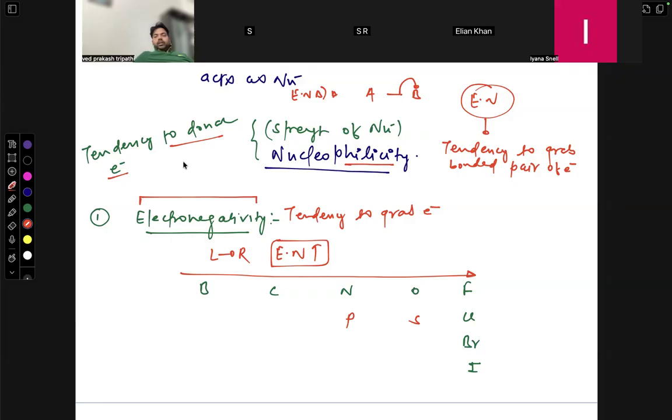They don't want to donate. Make sense? So if electronegativity increases, nucleophilicity decreases across period. Please tell me it makes sense. My request to everyone.